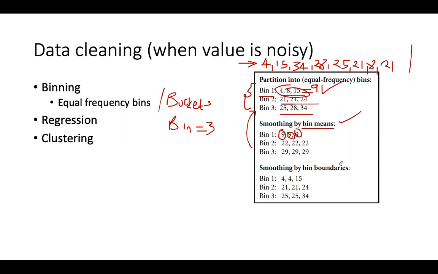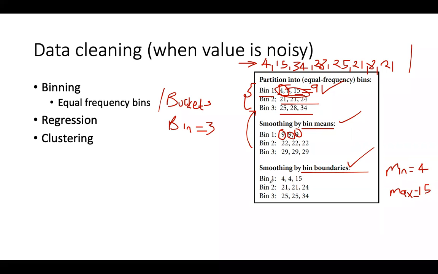Another approach here is bin by boundaries. First, we establish the minimum and the maximum. For bin 1, the minimum is 4 and the maximum is 15. Then we cross-check: is 4 closer to 4 or 15?